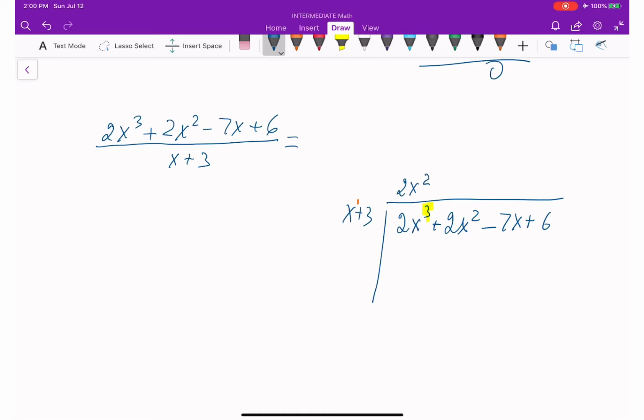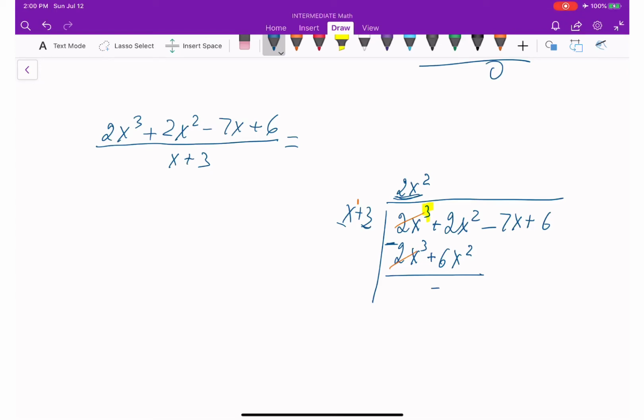So we multiply 2x squared times this x, it's going to be 2x cubed. And then 2x squared times this 3 is going to be plus 6x squared. Okay, we are subtracting. As we are subtracting, this 2x cubed is gone with this 2x cubed. And here, what do we have? 2x squared minus 6x squared.